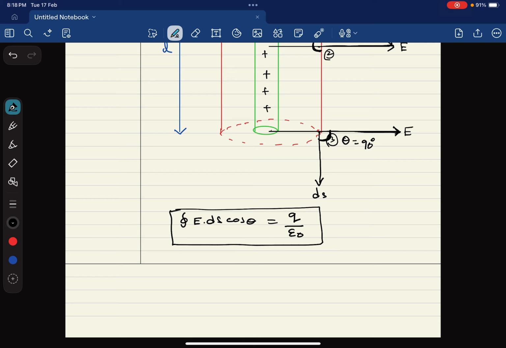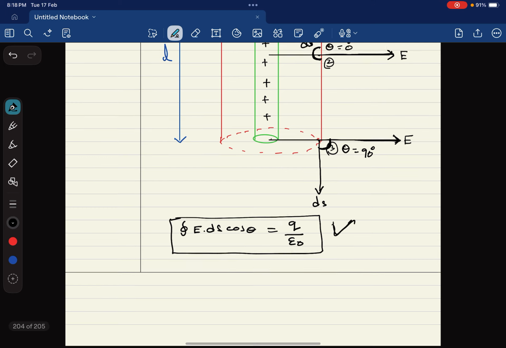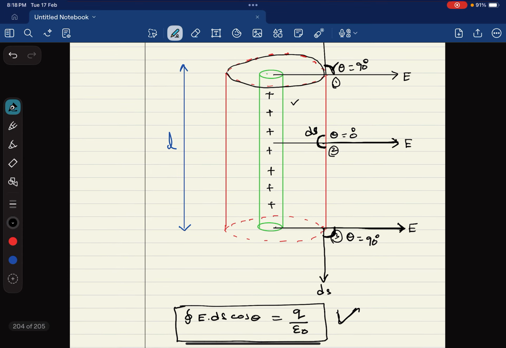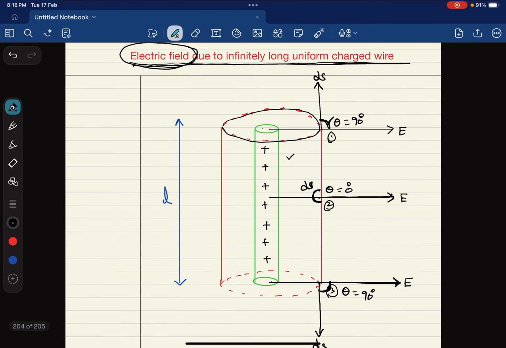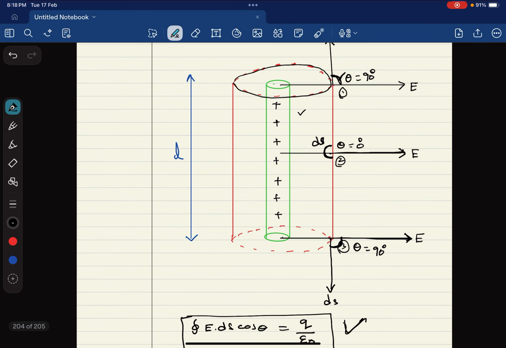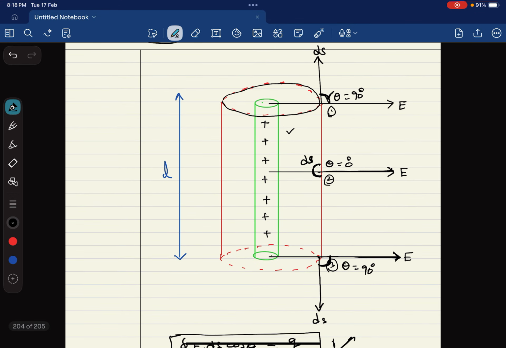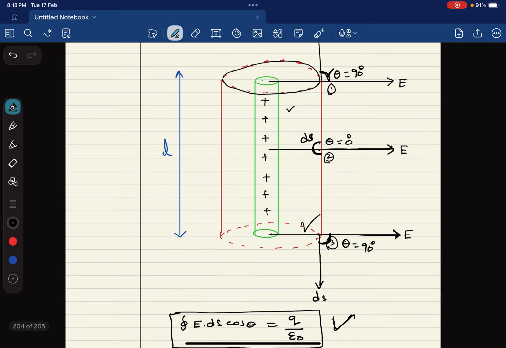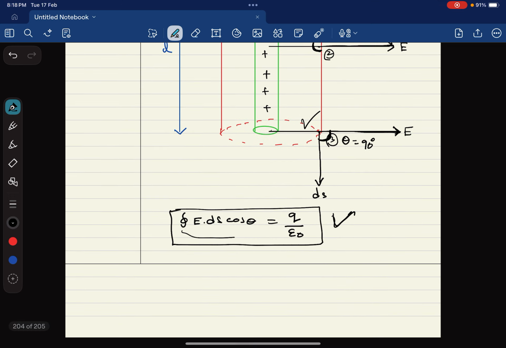With the help of this equation, we are going to calculate the total electric field due to the infinitely long charged wire. We have three regions here: the topmost region, the central region, and the bottommost region.